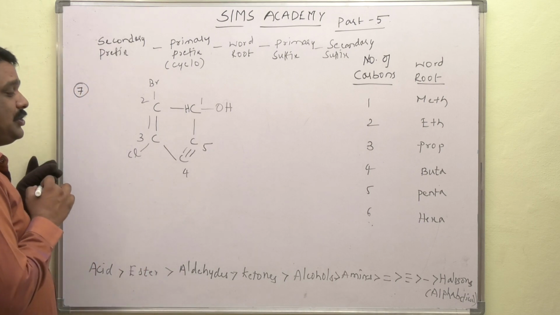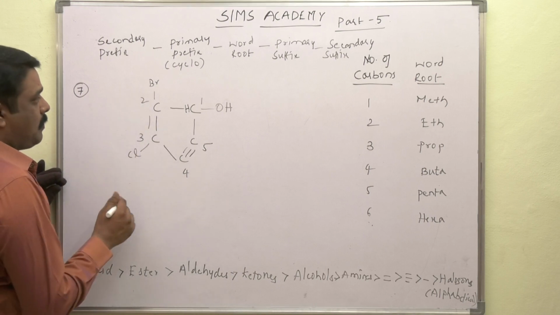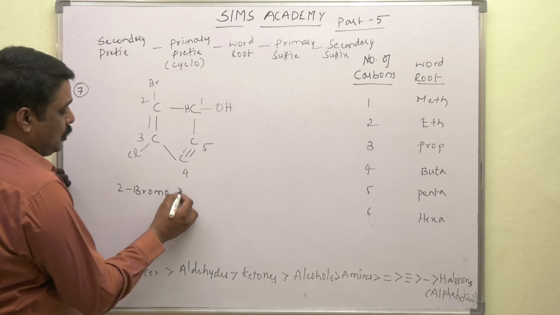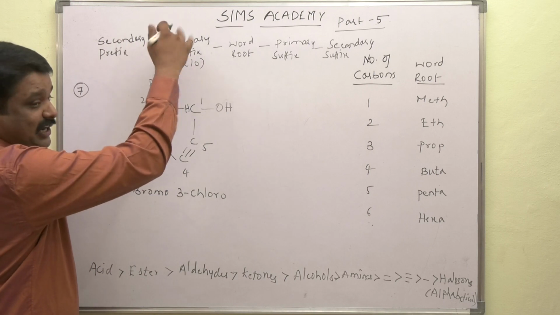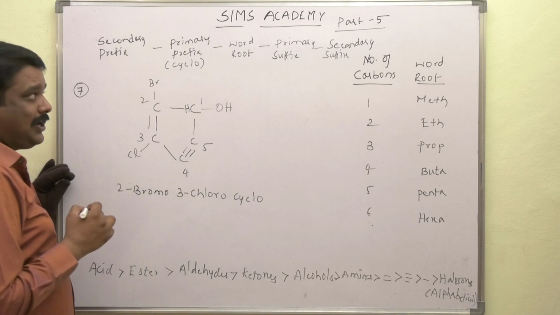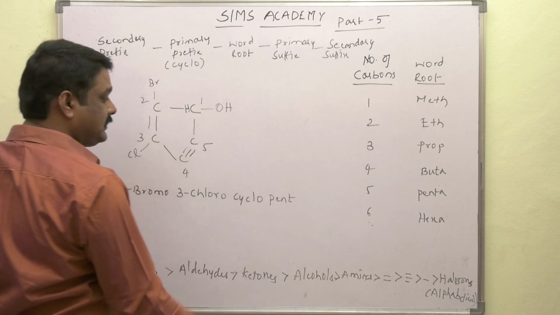Now coming to the substituents, we have 2 substituents. One is bromine at the second place. 2 bromo, 3 chloro. Substituent secondary prefix is over. Coming to primary prefix, it is a cyclic compound, cyclo. Word root, it is 5, pent.